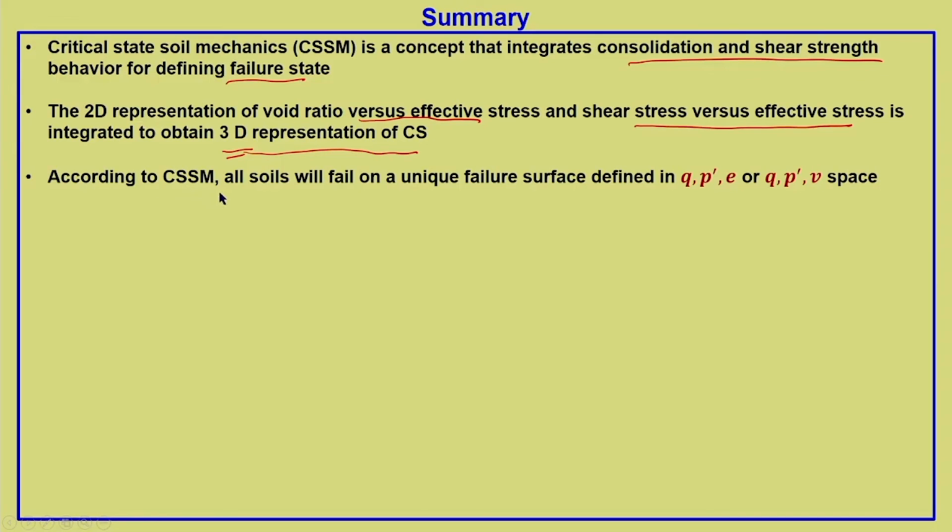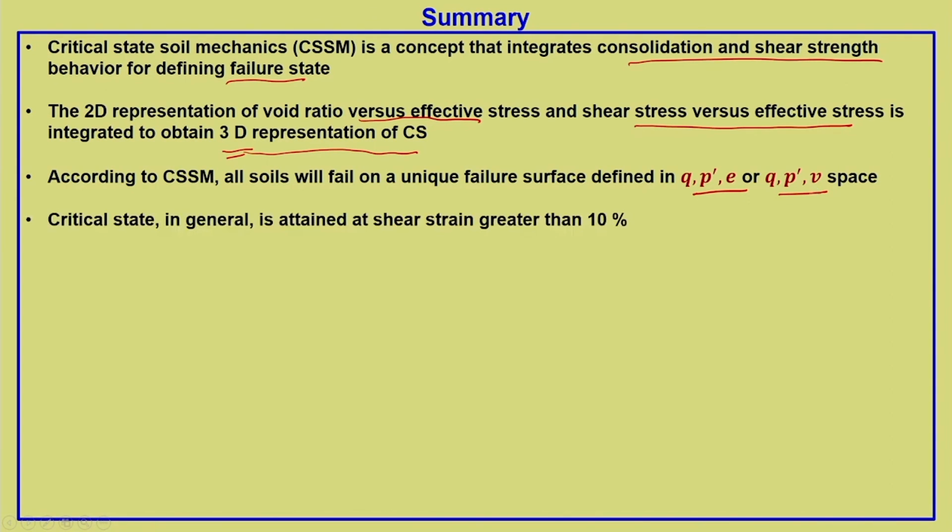According to CSSM, all soils will fail on a unique failure surface defined in q-p'-e or q-p'-v space. Critical state in general is attained at shear strain greater than 10%. Why I have used 10% instead of 20% is that in some codal provisions it is 10%, in some it is 15%.